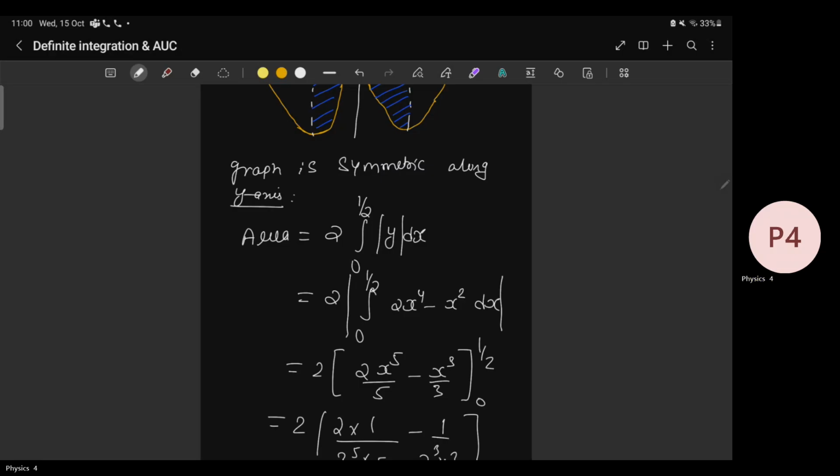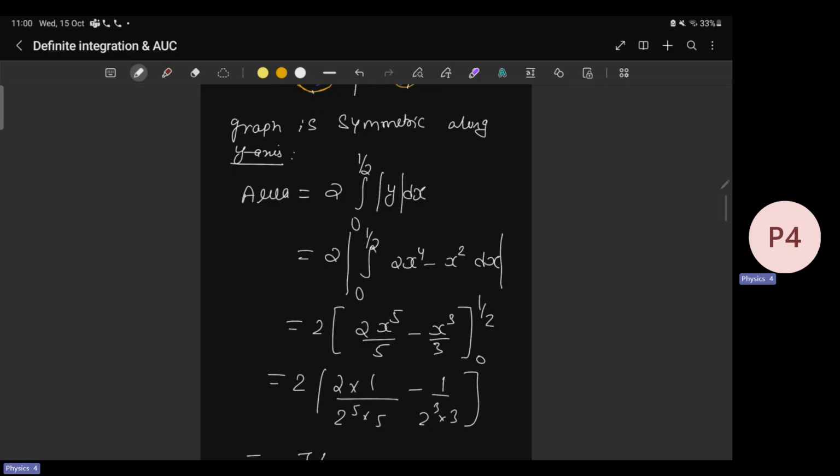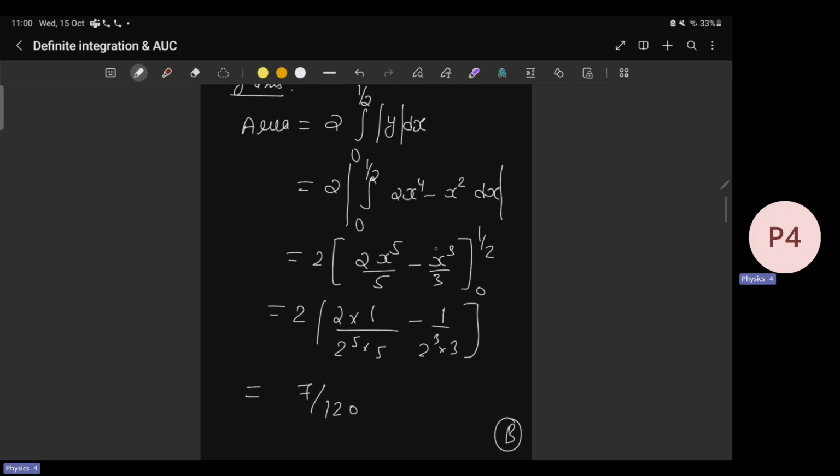So the integration of 2x to the power 4 is 2x to the power 5 upon 5, minus x cube by 3. Put the values of limit 0 to half and we will get our final answer. Take the modulus of whatever the value is. So this will be 7 upon 120. So option B is the correct answer.